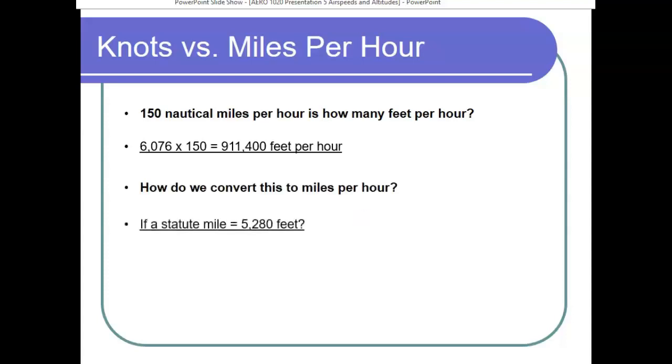Well, we know a statute mile is 5,280 feet. So we take 911,400 feet divided by 5,280 feet to get 172.61 miles per hour. So 150 knots is 172.61 miles per hour.